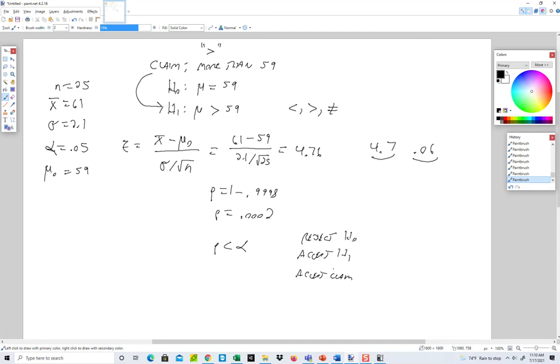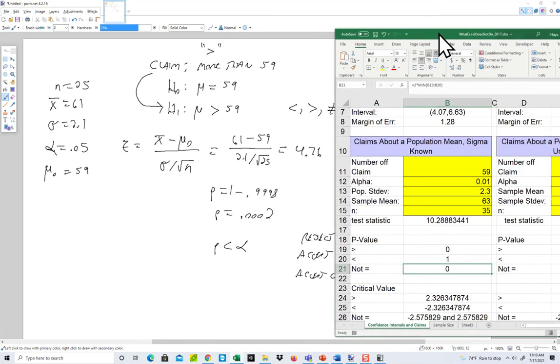Let's compare this to our spreadsheet. 59, alpha was 0.05. Population standard deviation, sigma, 2.1, 61, and n, which is 25. Greater than is right here.